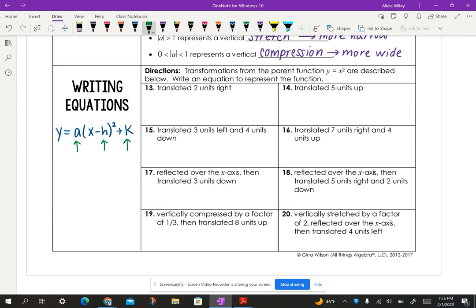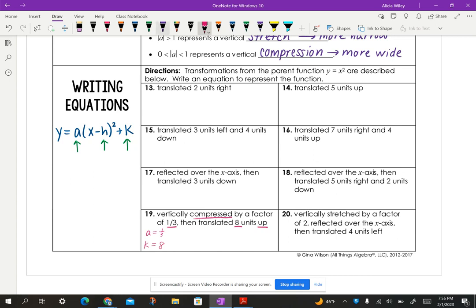So, for example, on number 19, I can see I have a vertical compression by a factor of 1/3. That means I have an a value of 1/3. And it also says I'm translated 8 units up, which means I'm going to have a k value of 8.